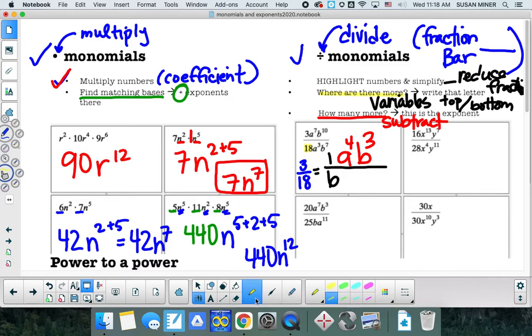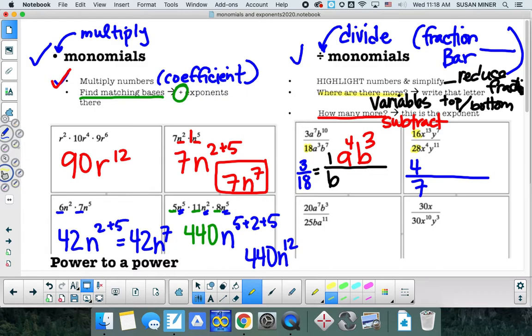The first thing that I want to do is highlight my numbers and simplify my fraction. Reduce my fraction. 16/28. I know 4 can go into both of those. So that's going to be 4 on top and 7 on the bottom. All I did was take 16 and divide by 4, take 28 and divide by 4.